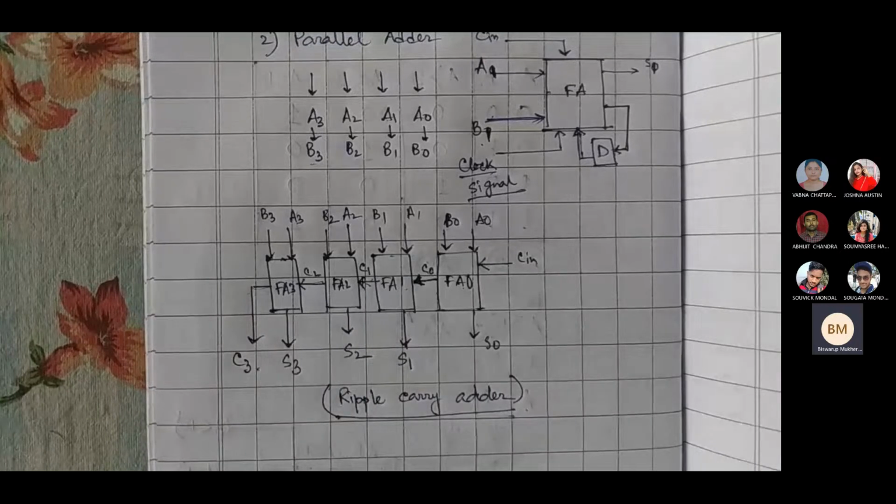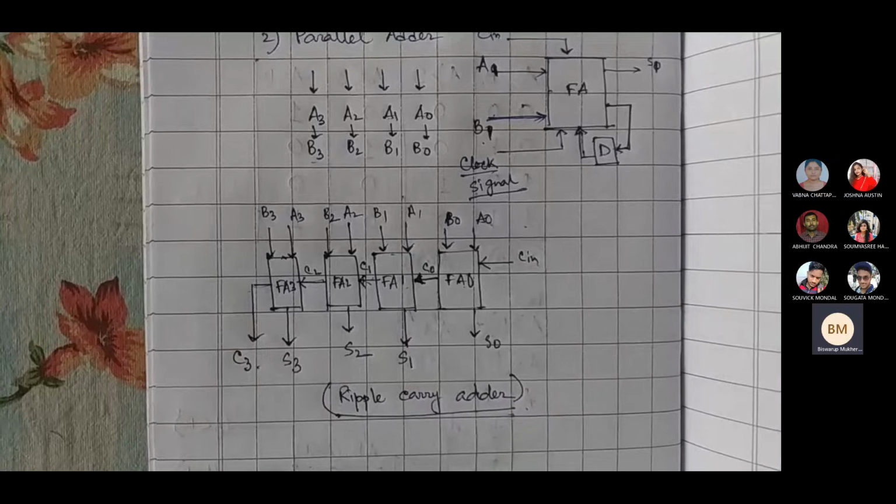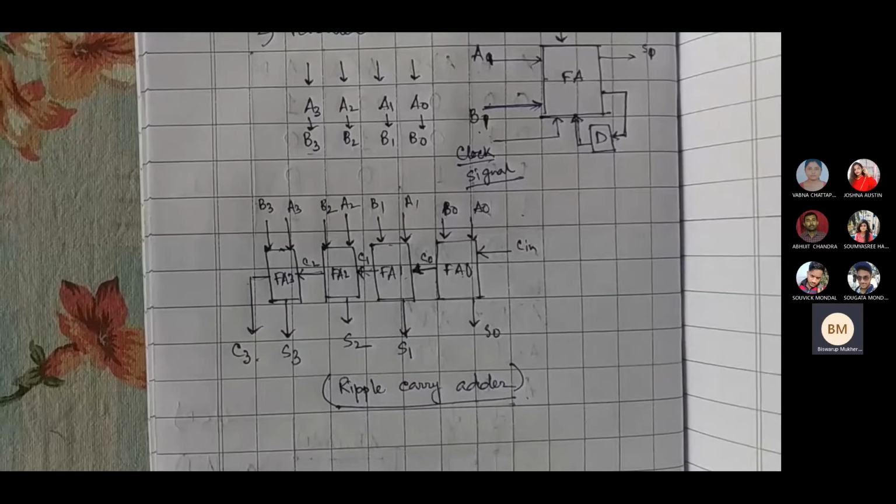That means in order to generate the carry, we need to wait, right? So that is why, for higher-bit operations, if we manage to generate the carry in some other way, in order to reduce the total propagation delay of the circuit, that can be beneficial, right?